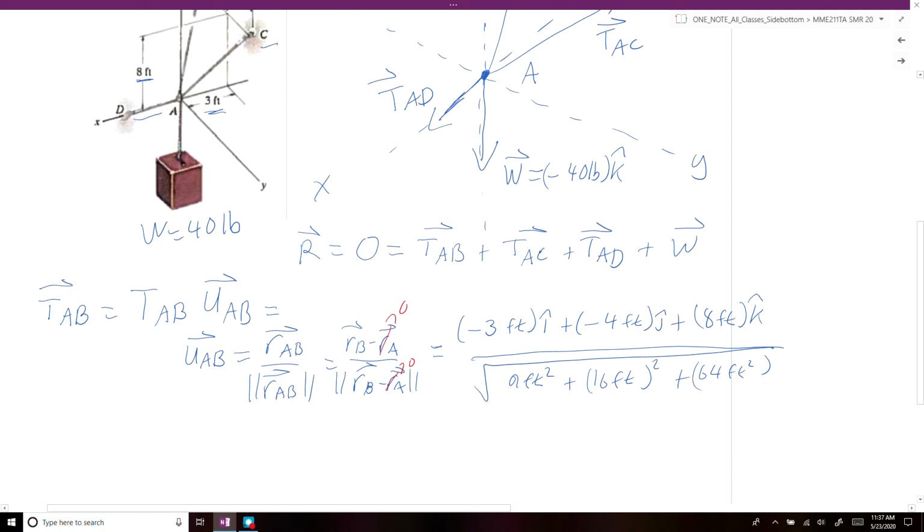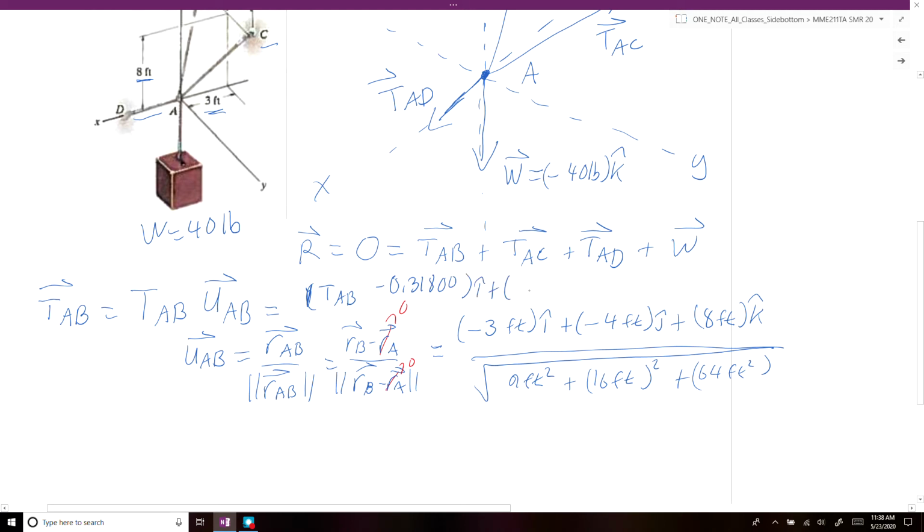If we divide our x, our y, and our z components by the square root of 89, we'll get our individual components. So it would be TAB times negative 0.31800 for our x component.